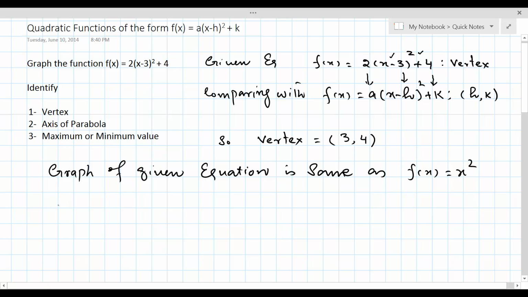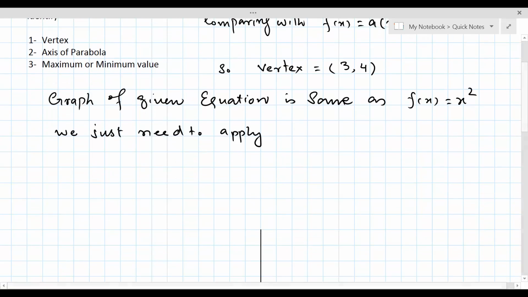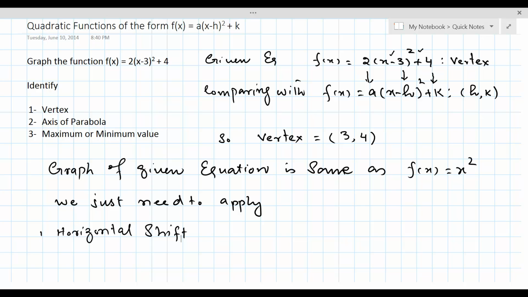We just need to apply transformations. Number 1, horizontal shift: how much? 3 units to the right.